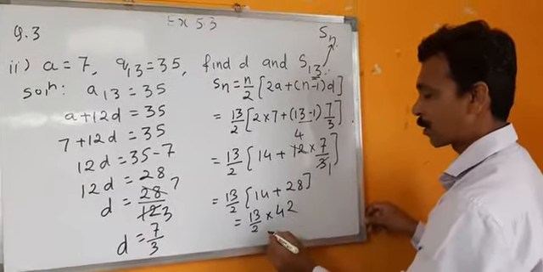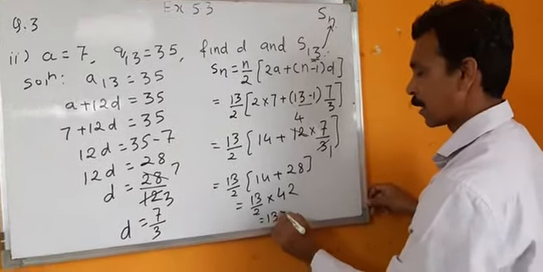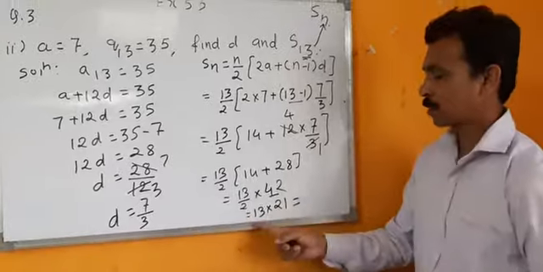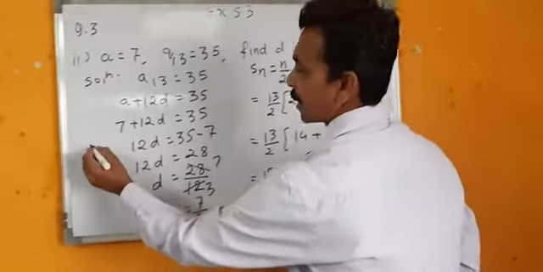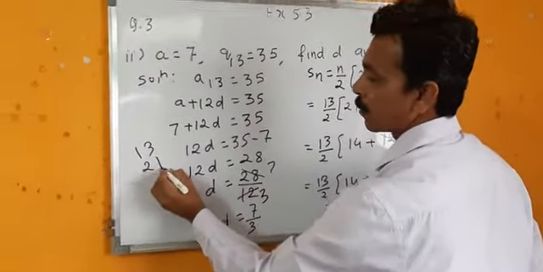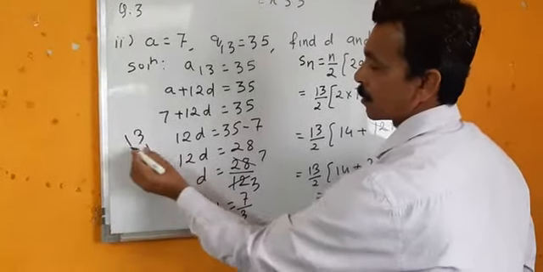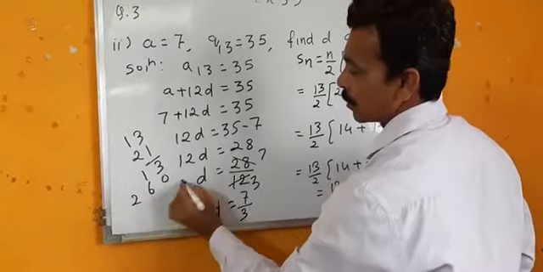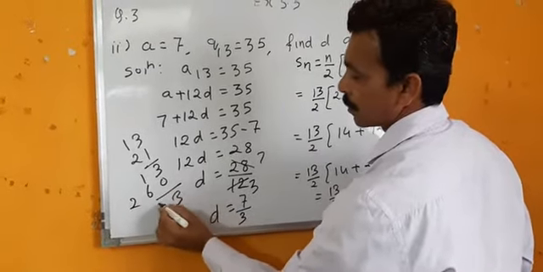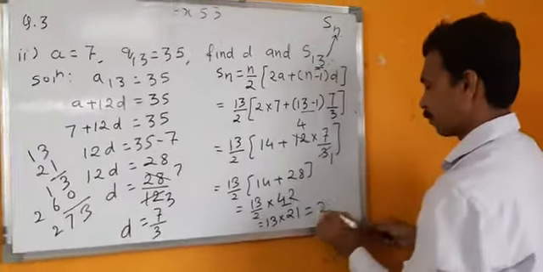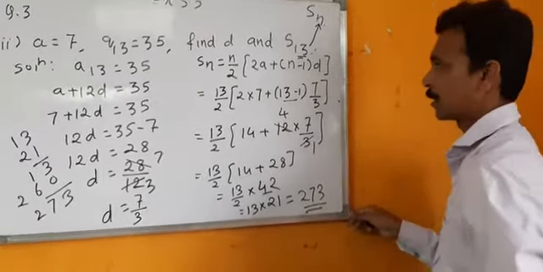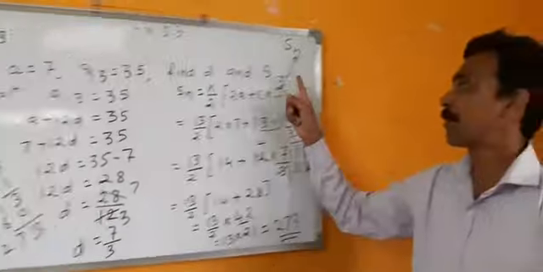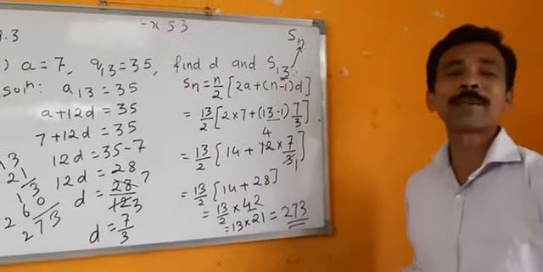Yes, 42 by 2 is 21. So 13 into 21: 3 1s are 3, 1 1s are 1, 2 3s are 6, 2 1s are 2. The answer is 273. So in this case, d we have found as 7 by 3 and the value of S13 is 273.